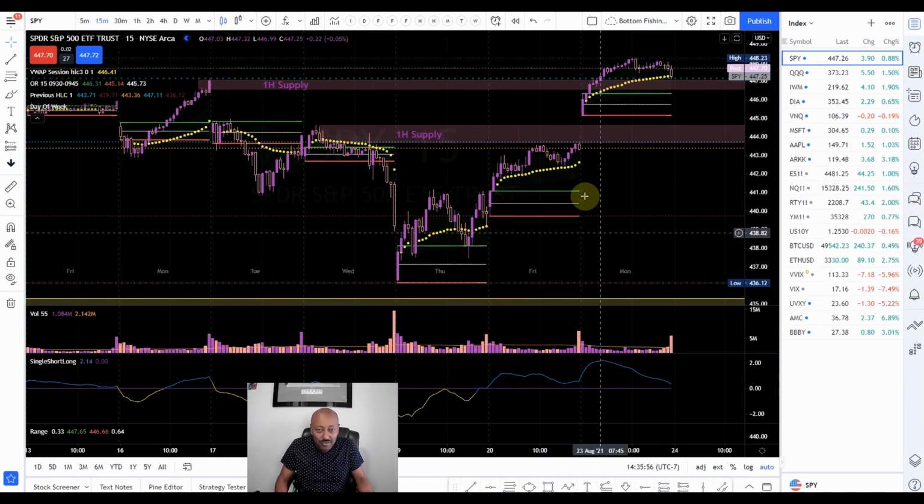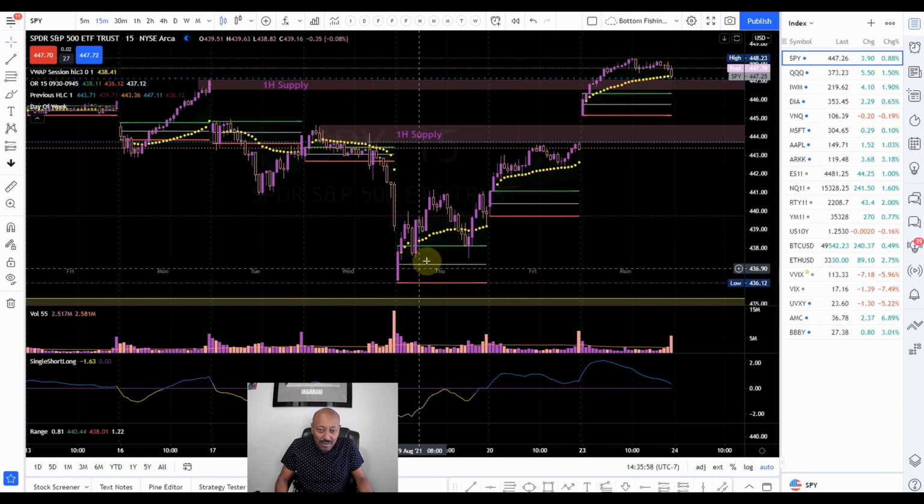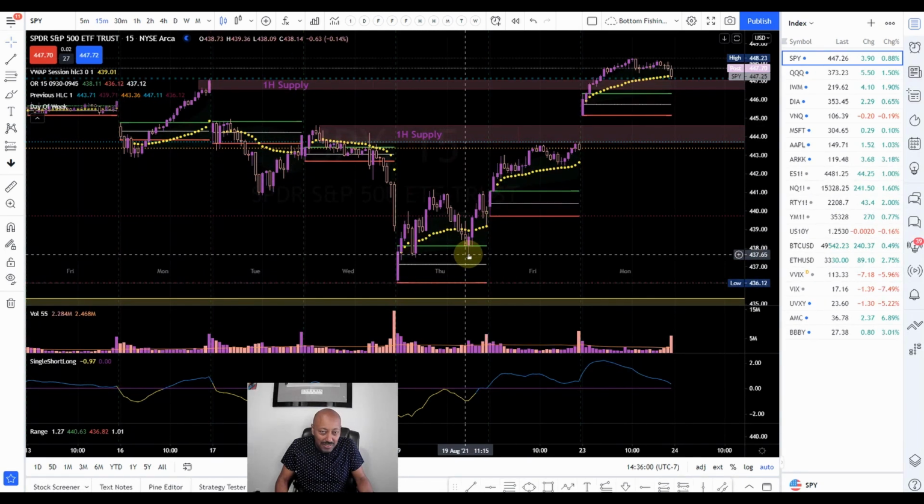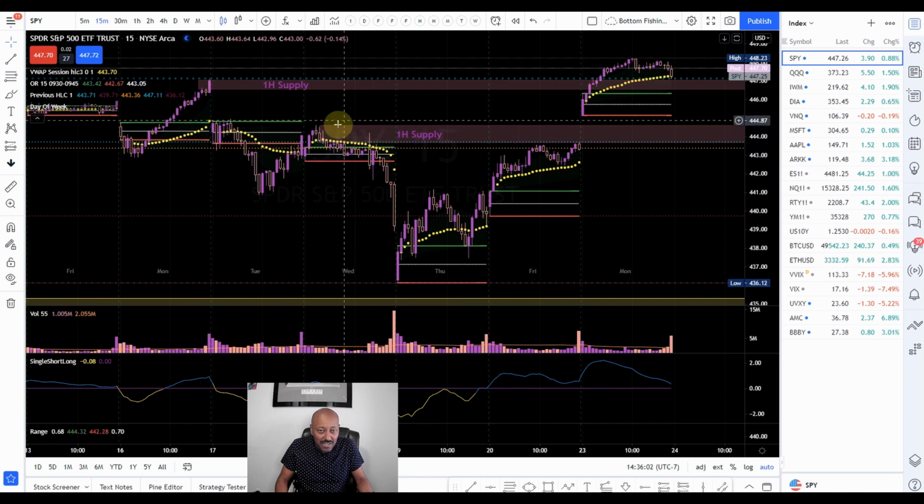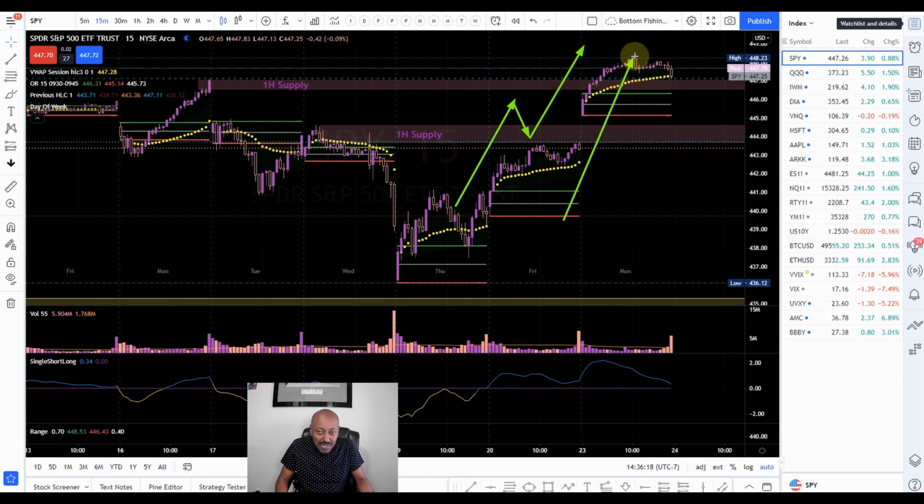So last week when I mentioned this demand zone, a couple of times price went there. I said, look at this supply zone and this supply zone up here. We want to make sure that price penetrates, maybe tests it and continues, or completely penetrates, or it fails to penetrate and rejects it a couple of times.